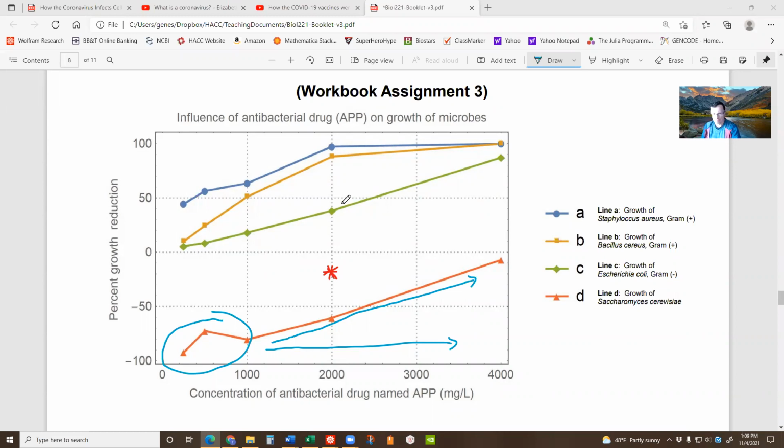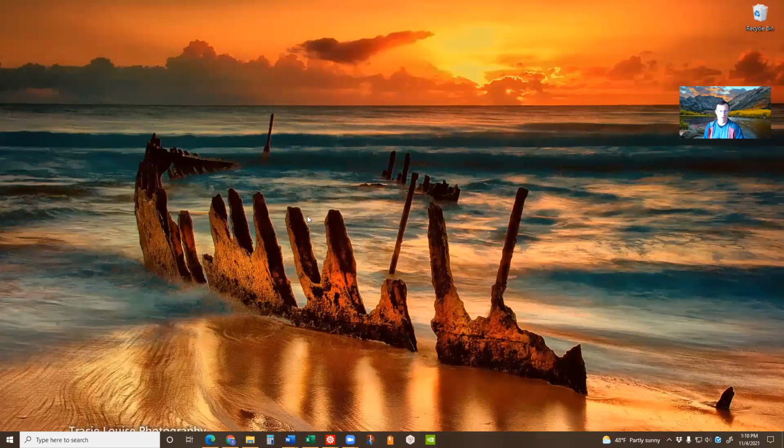So another question that comes up here is, why in the world would anybody want to show growth reduction as a positive value? Why would any scientist want to show the reduction of growth as a positive value? Let's take a look at this, folks. I'm going to throw something your way.